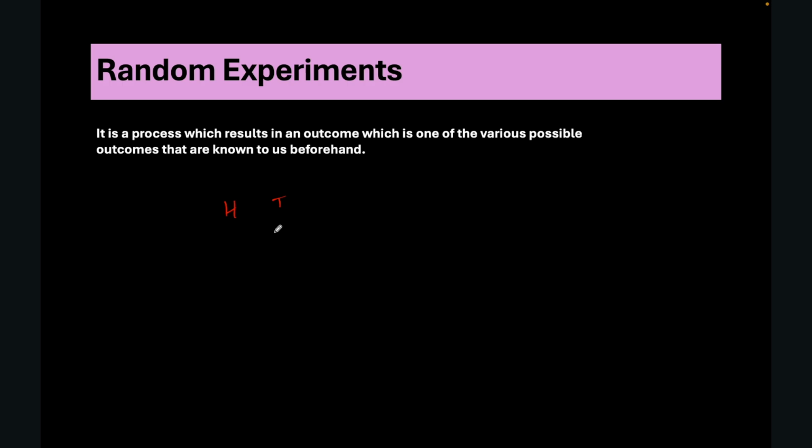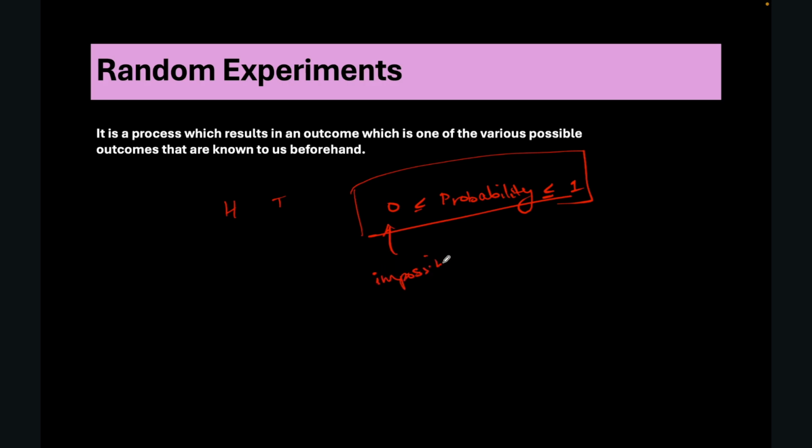Your dice, all those sorts of things, where the probability will lie between 0 and 1. Either it's going to be impossible or it's going to be certain. That's the spectrum that you're going to be working with here.